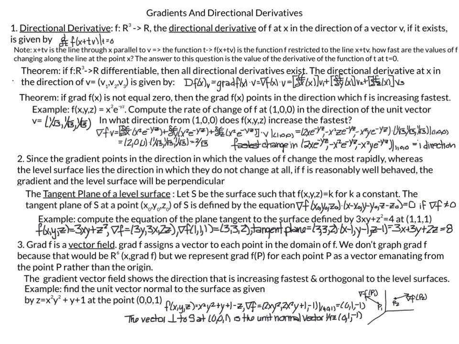With respect to y is 2x squared y plus 1, and with respect to z is -1, evaluated at 0, 0, 1 is 0, 1, -1. And then the vector perpendicular to S at 0, 0, 1 is the normal vector, 0, 1, -1. That was our overview.